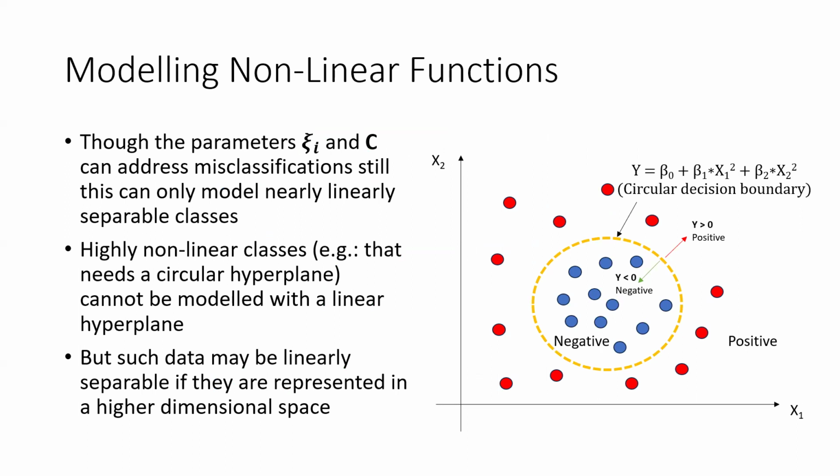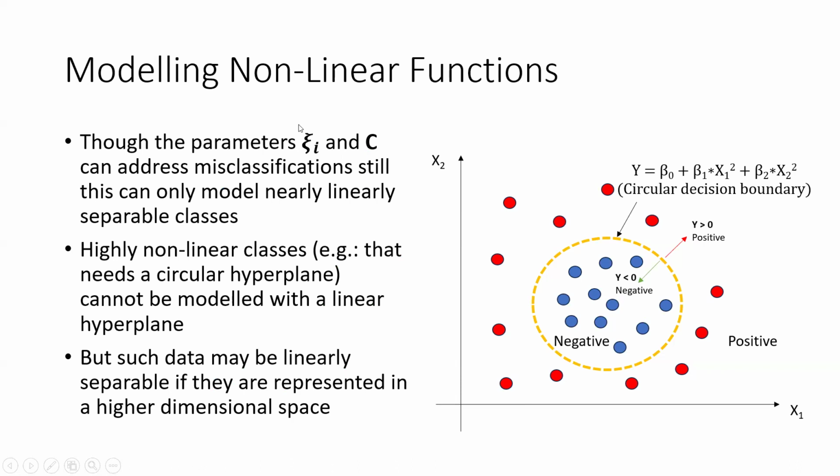Okay, now let's see what we can do with nonlinear decision boundaries, right? So we said that with slack variables, we can enable the use of support vector machines even in cases where there can be misclassifications, right?